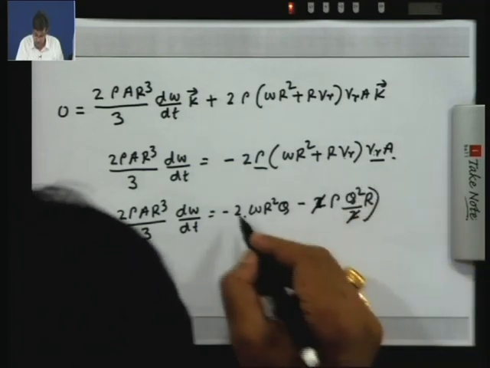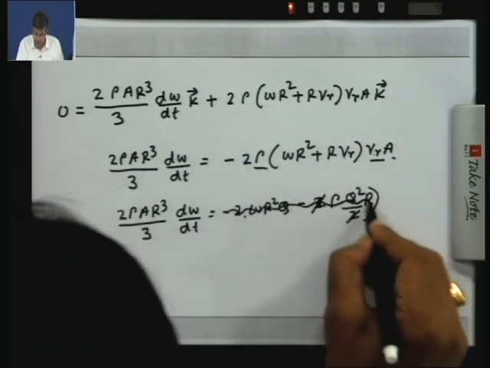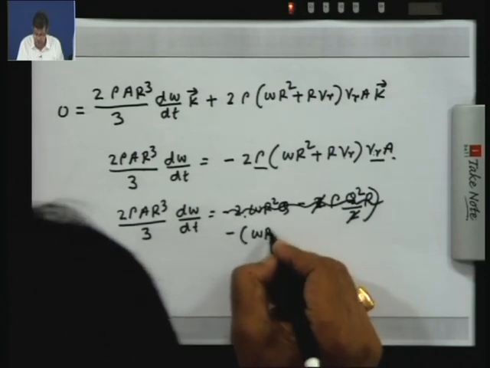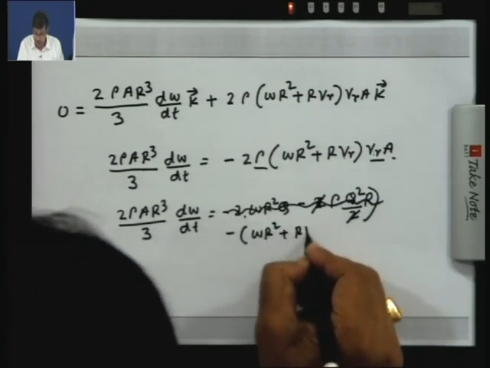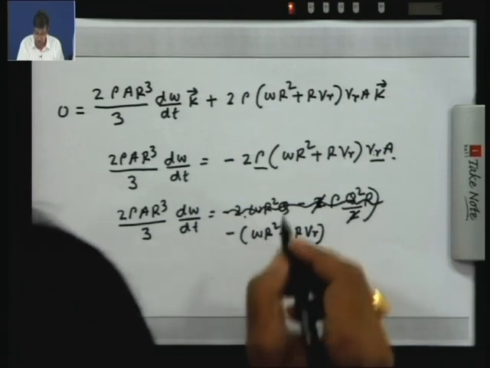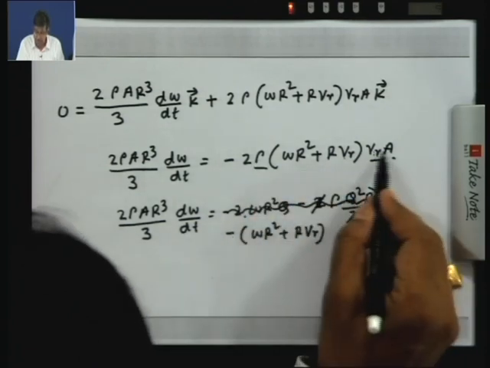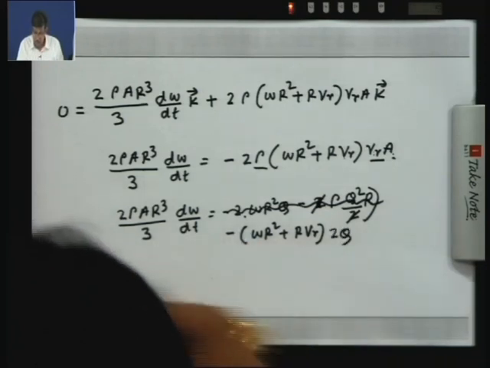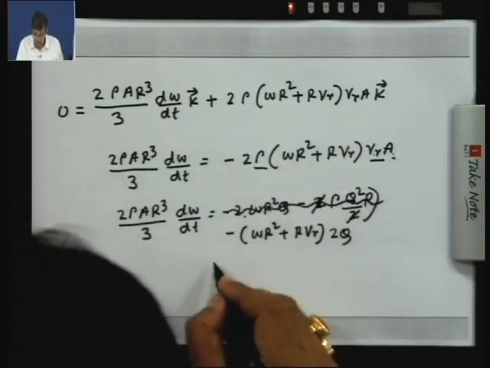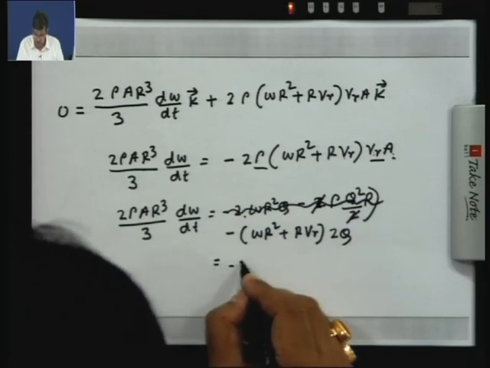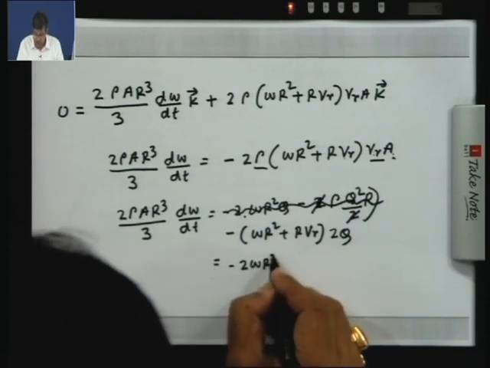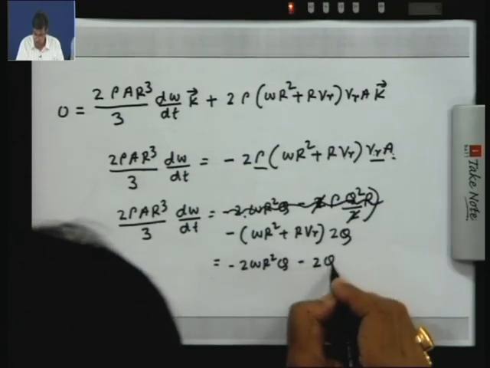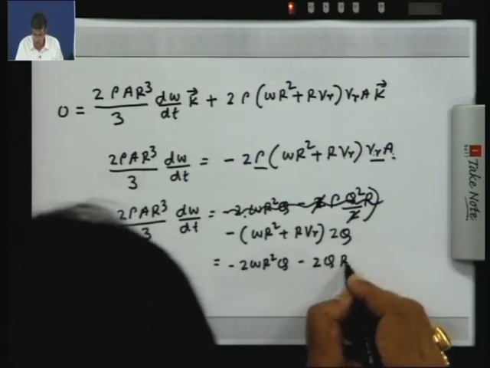So you rather minus omega. This is simple mathematics. You do it. If I do any inadvertent mistake, then 2 rho Vr A is Q minus 2Q. Rho Vr A is 2Q. So this can be written minus 2 omega r square Q minus 2Q r Vr.